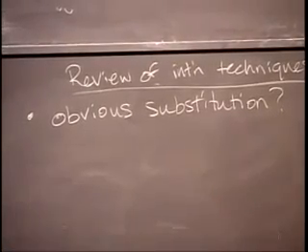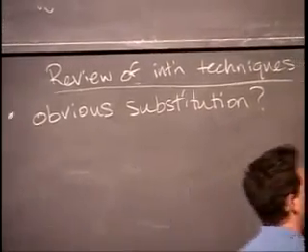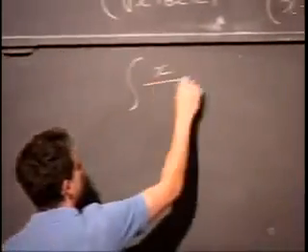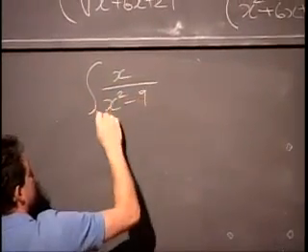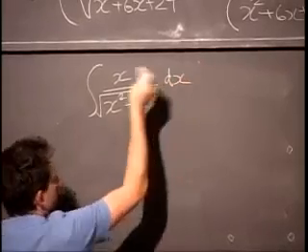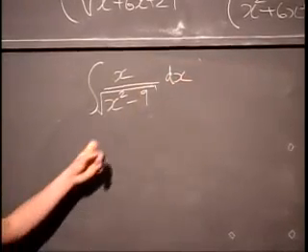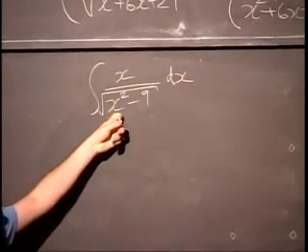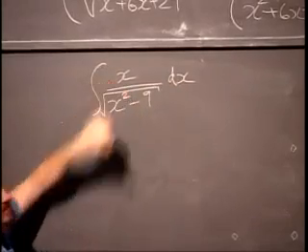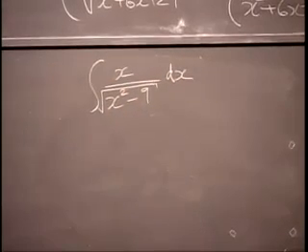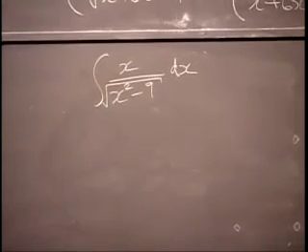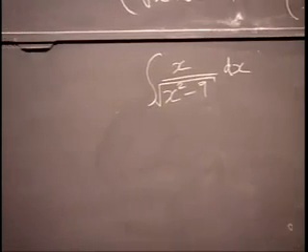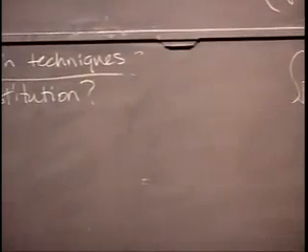An example would be something like what I did before, x over, say, root x squared minus 9. Again, don't use trig substitution. The obvious substitution is t is x squared minus 9 because its derivative is up there. So you're looking for derivatives of other pieces in there being a multiple. The worst that happens is you try the substitution and you get a nastier integral and you abandon that.